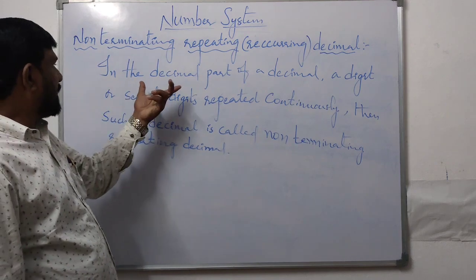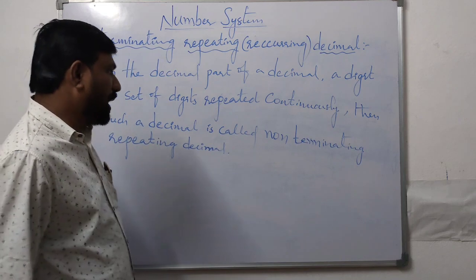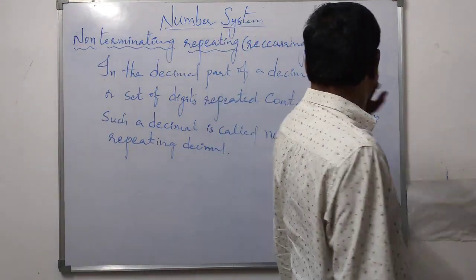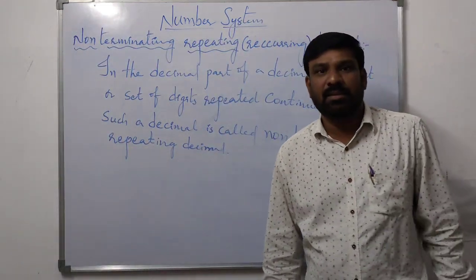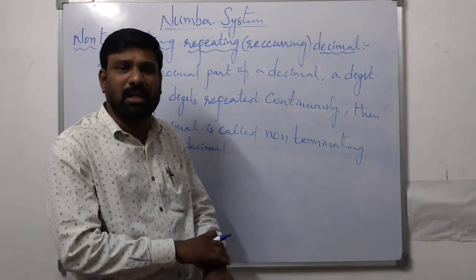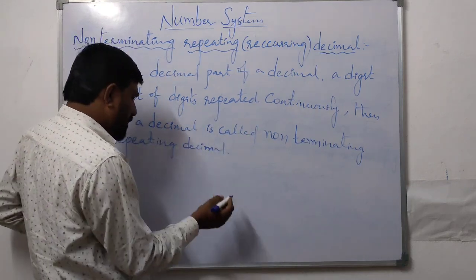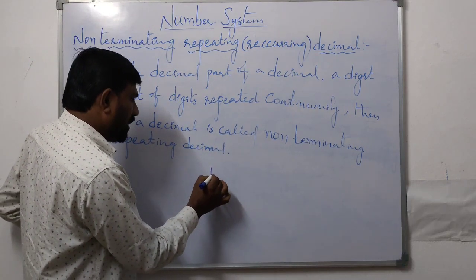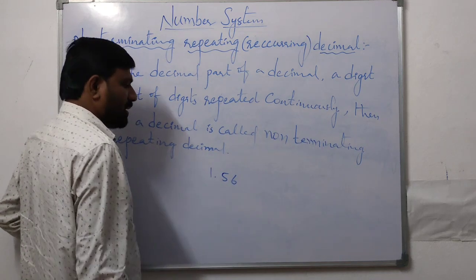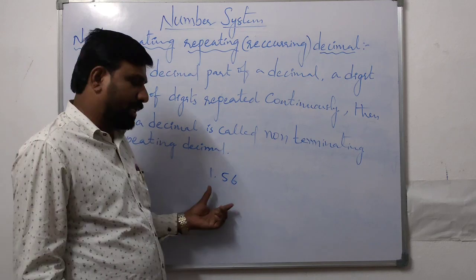So before the explanation of this non-terminating repeating decimal, you must know what a decimal is. Just now, in the case of terminating decimals, we have seen 0.63, 1 point something, right? Suppose 1.56, this is a decimal. In this particular decimal, we have two parts.